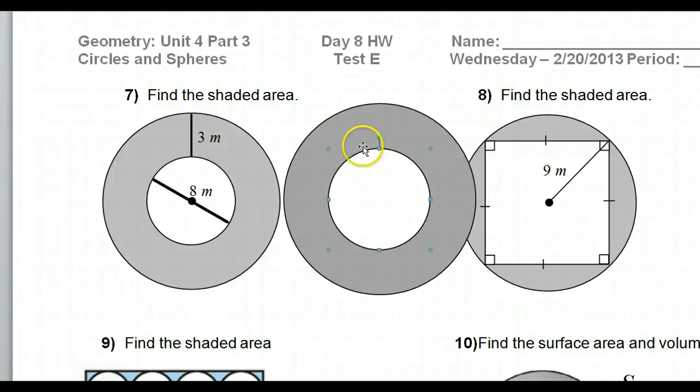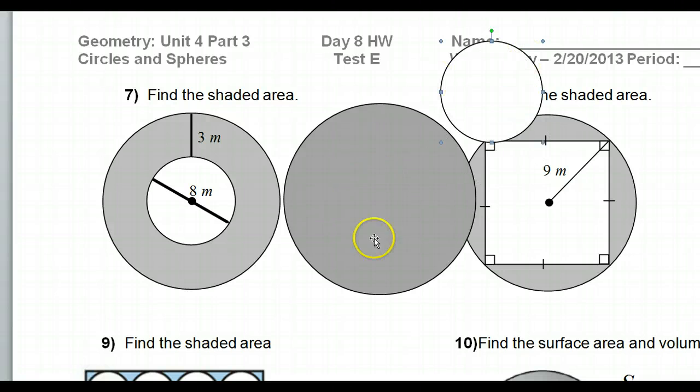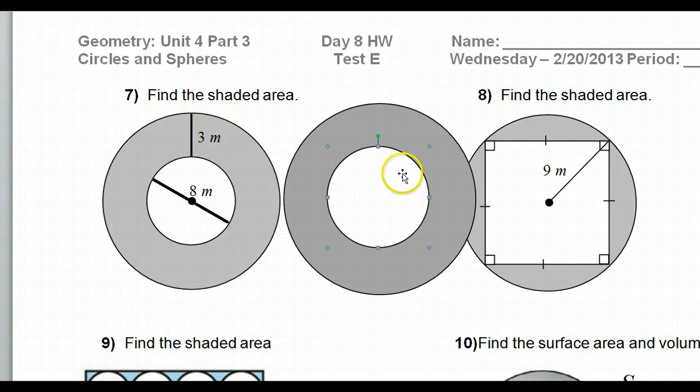You can think of it like scissors cutting out part of it. So think of it as a big circle, and then minus, snip, like I just punched a hole in it, and so I'm subtracting the smaller circle. So it's going to be the big circle minus the small circle.